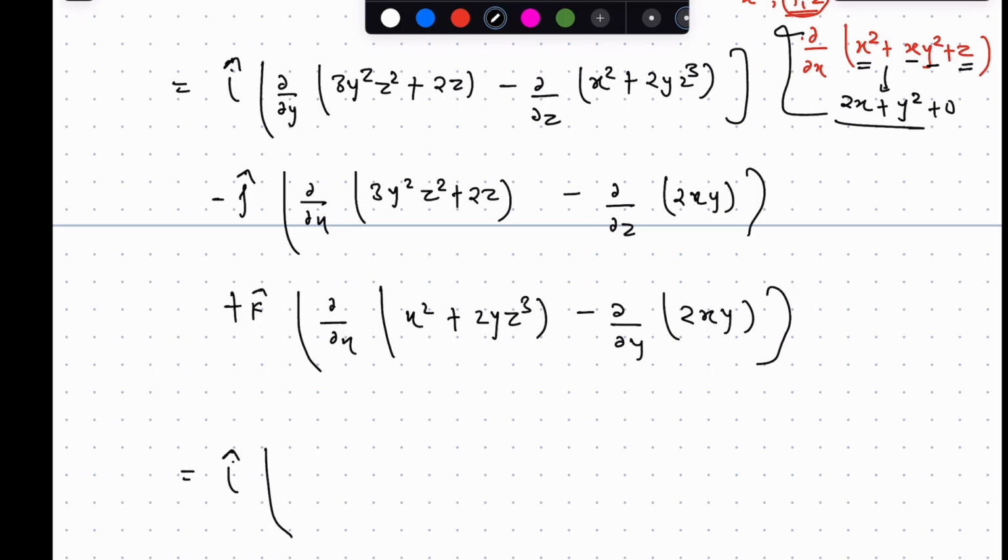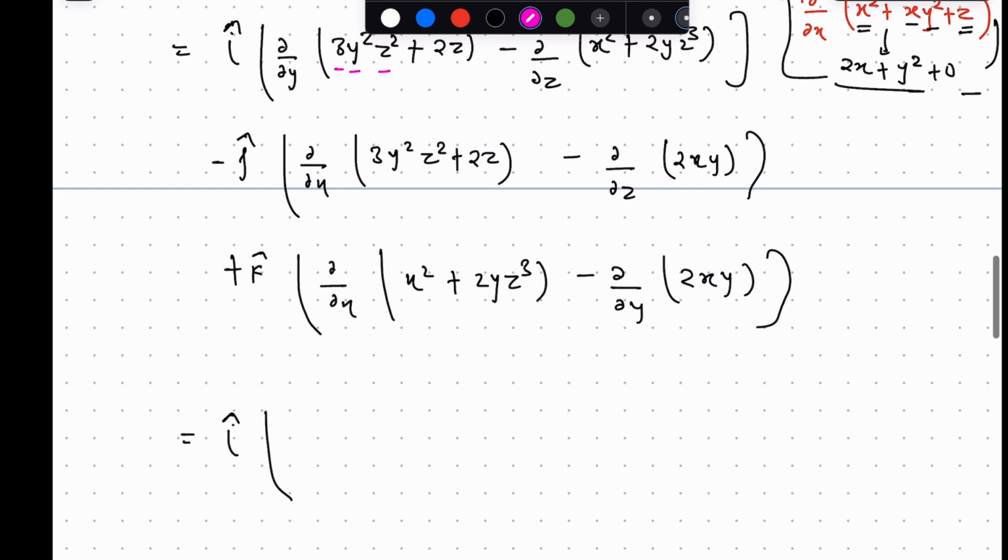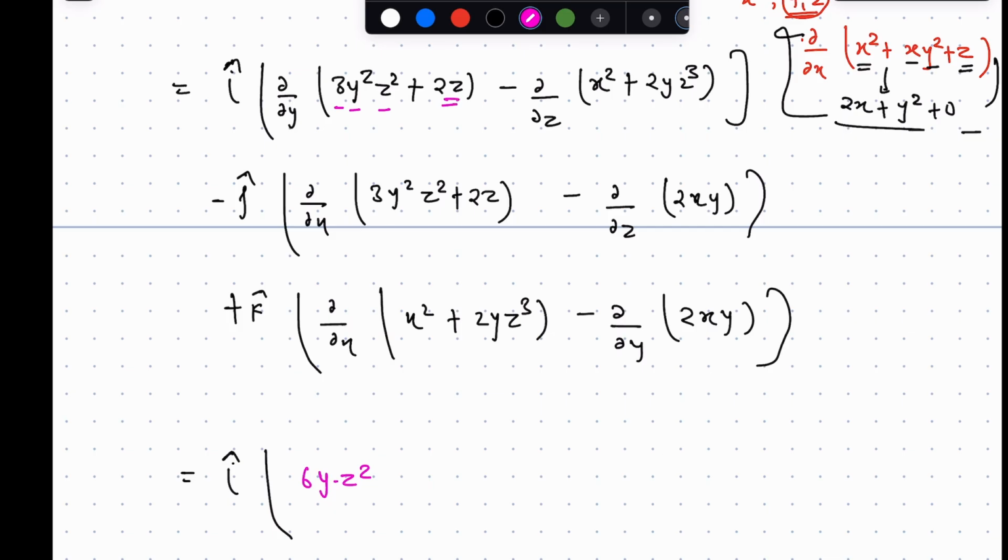Okay, in the same way we will differentiate here. Look, we have 3y square z square, so the differentiation is going to be 6yz square. Okay, and 2z differentiation will become 0, and this side will have 2y, x square differentiation will become 0, and 2y times z cube differentiation is 3z square, so that becomes minus 6yz square. Okay, so keep on checking whether I'm doing it correctly or not.